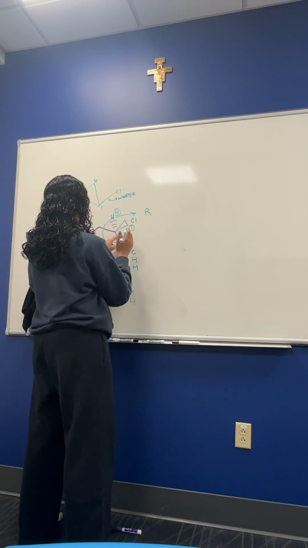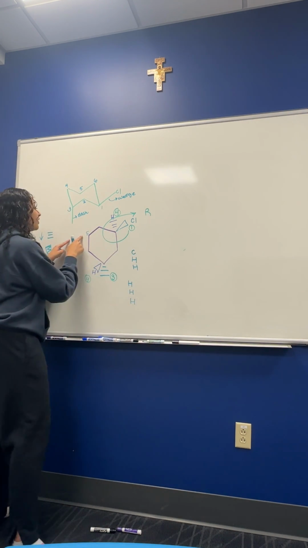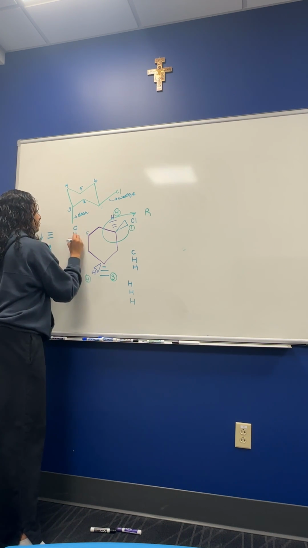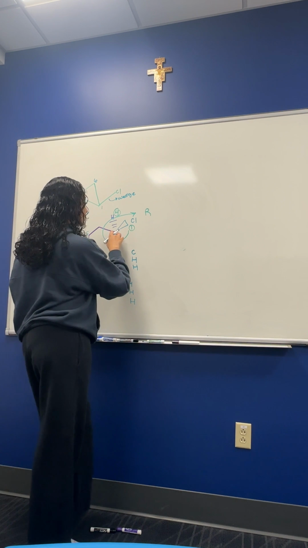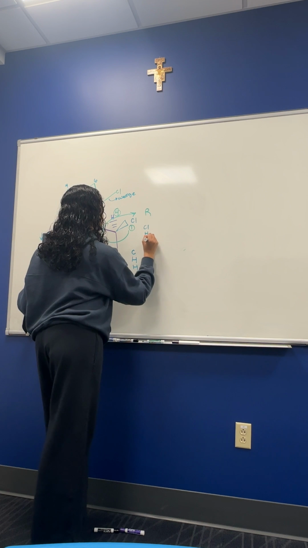We have this carbon connected to, okay, let's do number 5 first. We have this one connected to, once again, a carbon, hydrogen, and a hydrogen. And this one over here is actually connected to a chlorine, hydrogen, and another carbon.